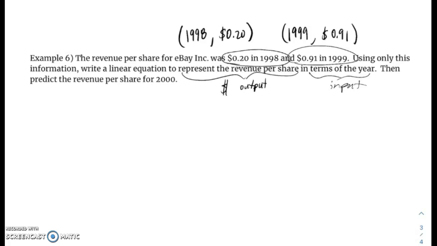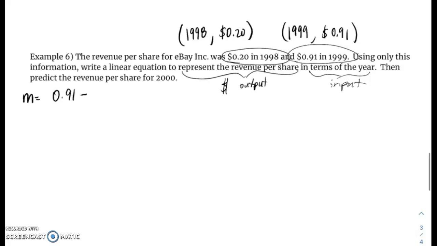Okay, we're going to create a linear equation. So we're going to do just what we did in the last one. We're first going to find our slope. So I'm going to do y2 minus y1, which is 91 cents minus 20 cents, over, and you've got your years, 1999 minus 1998.